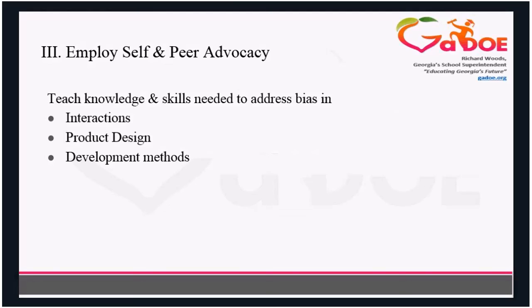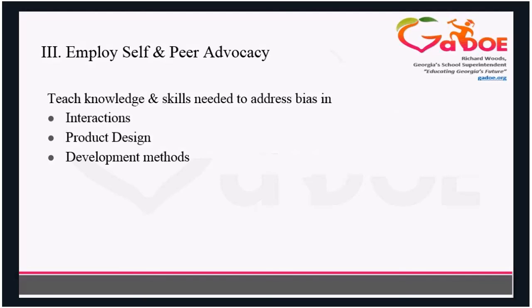And the third piece to this, and we know that the younger grade students are very quick to advocate for themselves and others, but over time, oftentimes you begin to see some of that waning, and that's something that is socialized with kids.